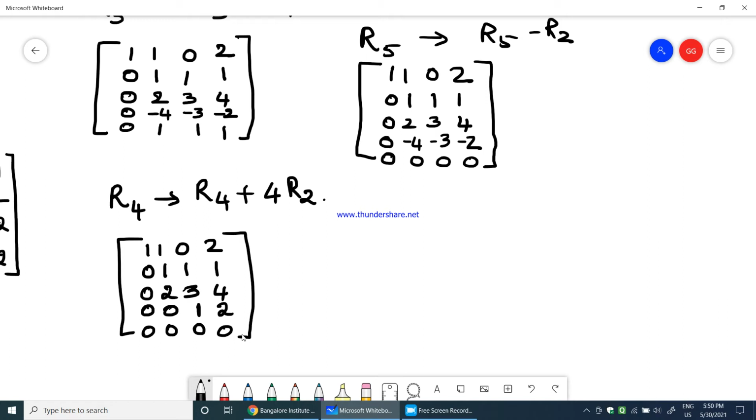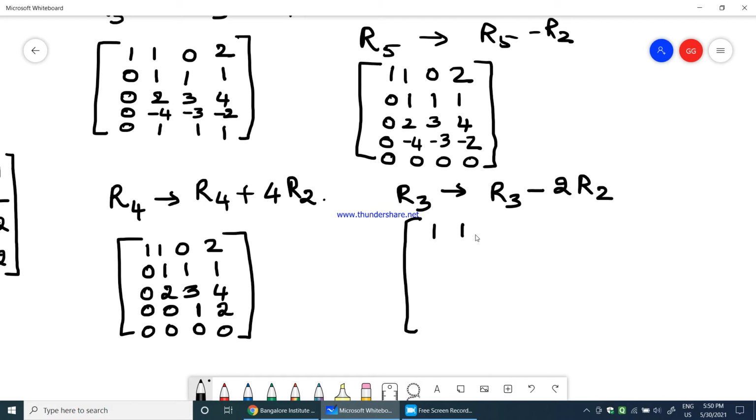Then further, what I can do is take R3 equals R3 minus 2 times R2. So what will I get?